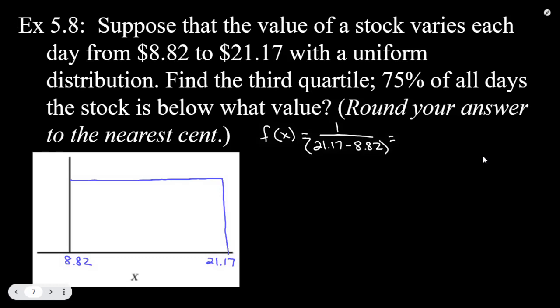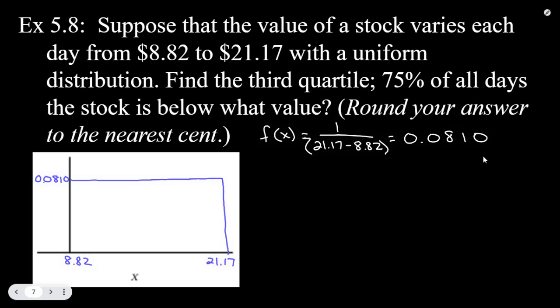So 1 divided by parentheses 21.17 minus 8.82, and we get kind of a messy number, but since our final answer is going to be 2 decimal places, we'll round off to 4 here in the midst of the problem. So 0.08, and then when we round this off, 0.0810. That's going to be our approximate function, 0.0810.